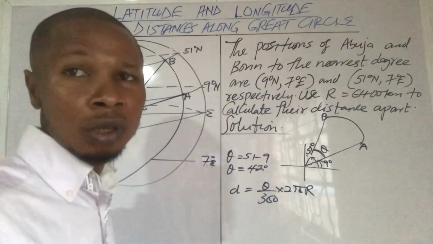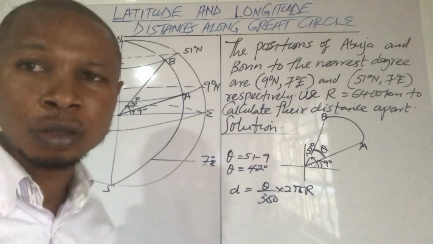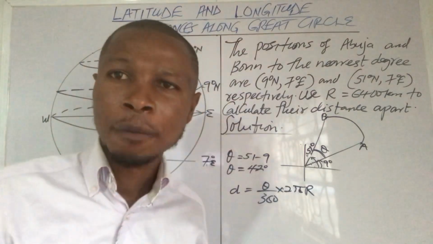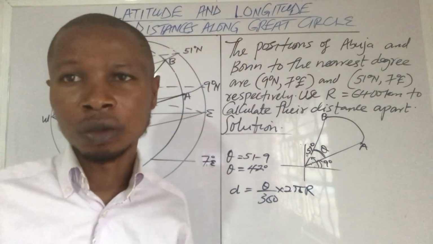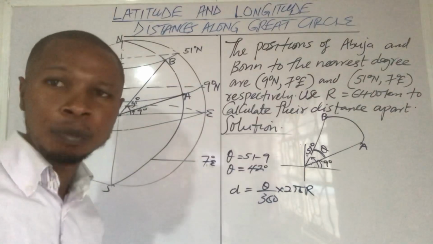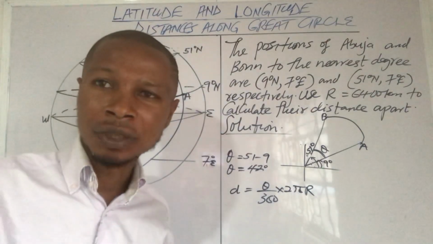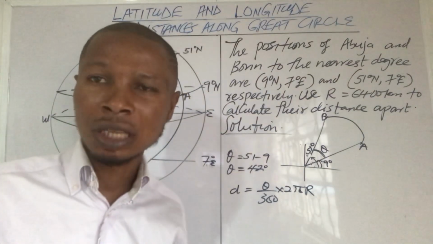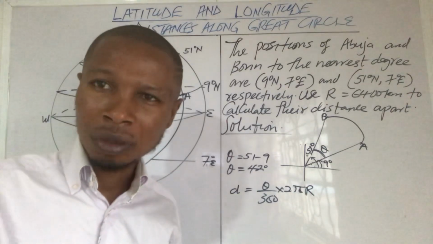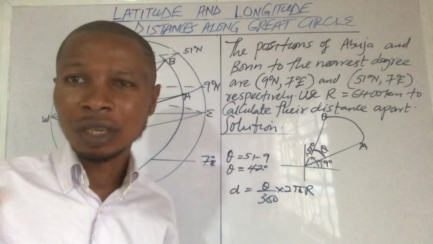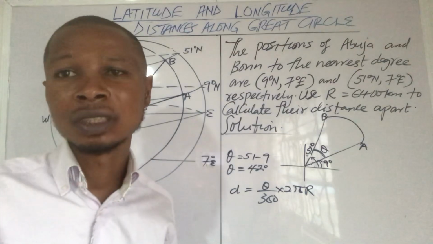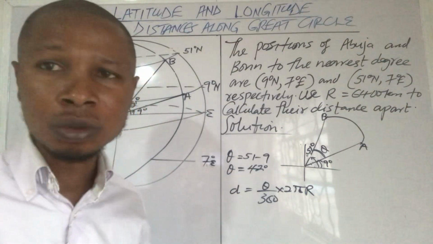That's why calculating angular difference is very important. You must know how to get the angular difference before you can do well in latitude and longitude. So you can check our previous lesson on angular differences. We did 8 good examples so that you can understand angular differences properly.